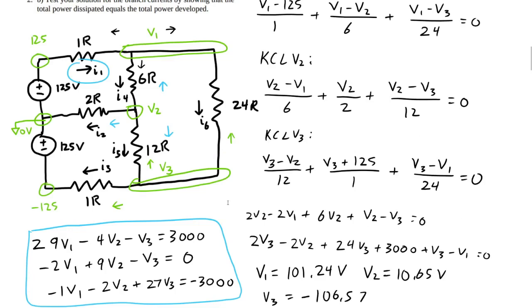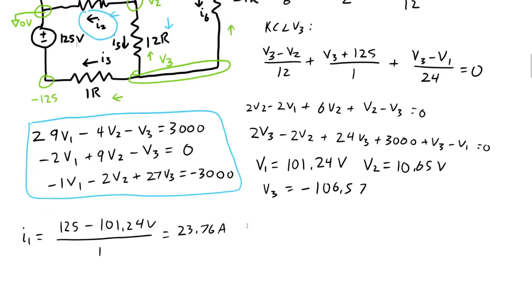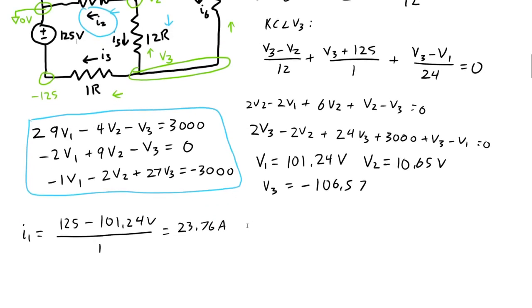And we're going to follow this same process for each resistor. That's why we have V2 minus 0, so V2 divided by 2 is going to be 5.325, I think.